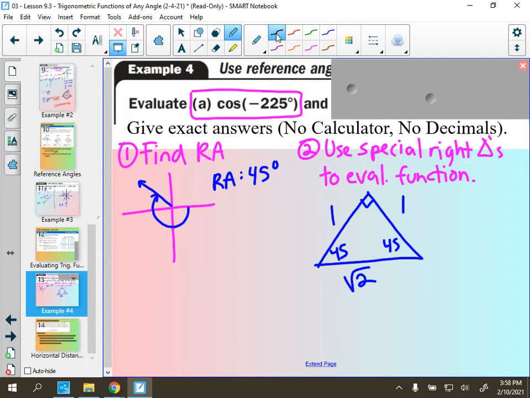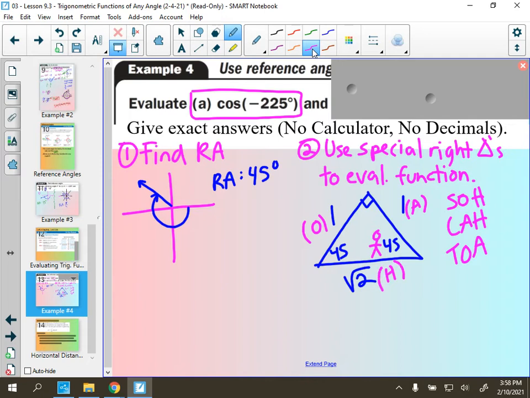If you want to use the special right triangles, what do I mean by use? The additional note would be to use SOH CAH TOA to help ourselves out. Stand at either one of the 45-degree angles, it doesn't matter. Label my opposite, label my adjacent, label my hypotenuse.